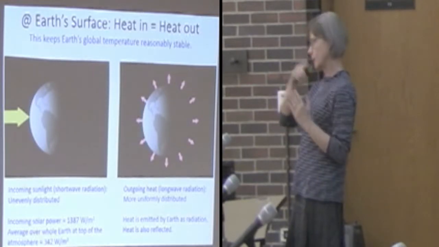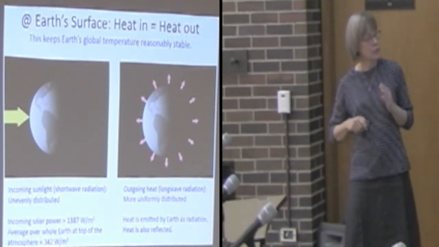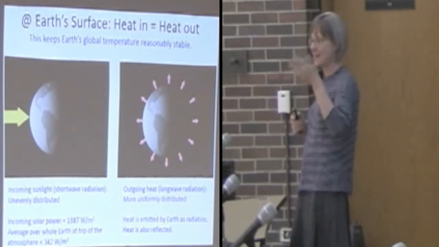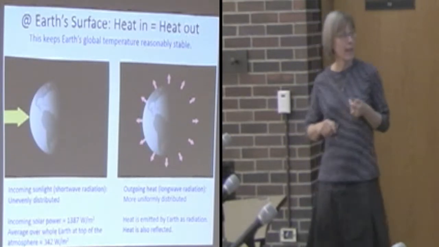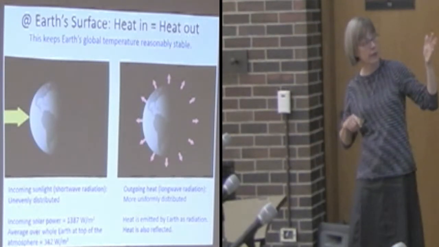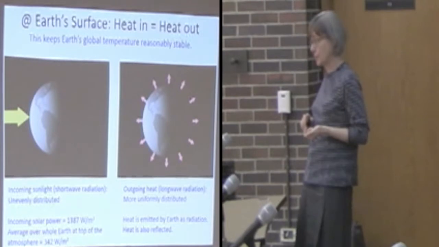At the equator, and the least intensity at the poles. Okay. So the incoming solar power is about 1,000 watts per meter squared, and if you average it over the whole Earth at the top of the atmosphere, you have about 300 watts per meter squared.